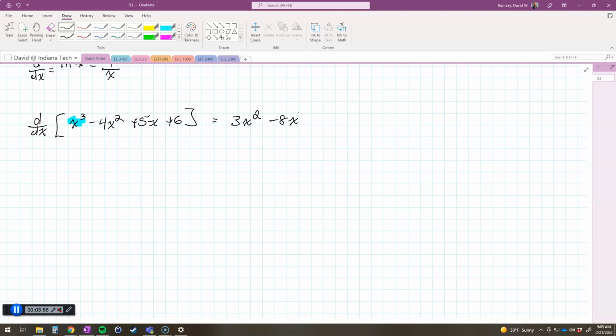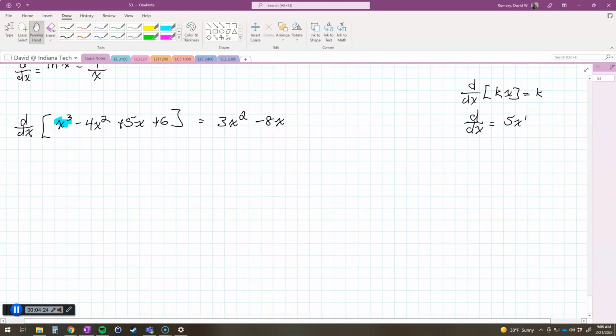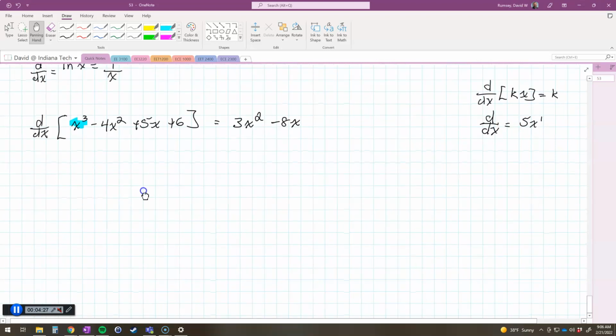And then the 5x, there's a couple ways to think of it. Some books will have it where the derivative of k times x is just equal to k. But you can also look at it this way here.